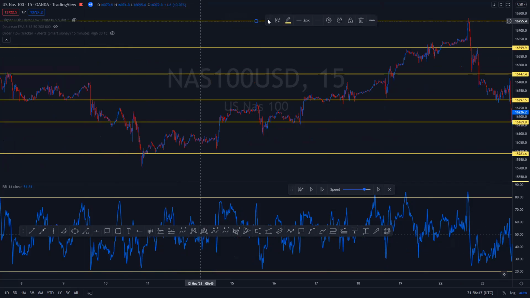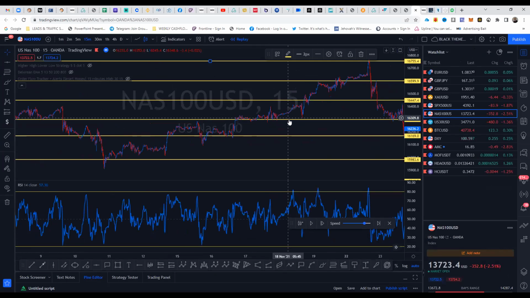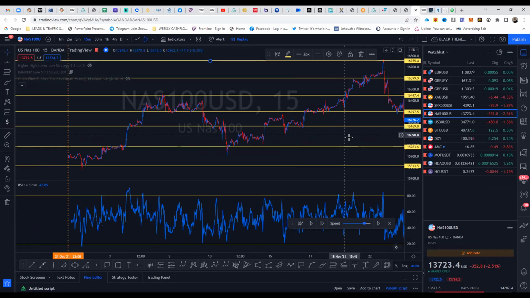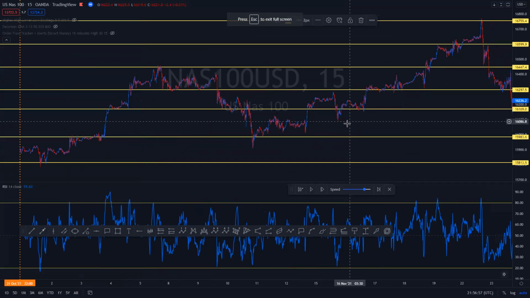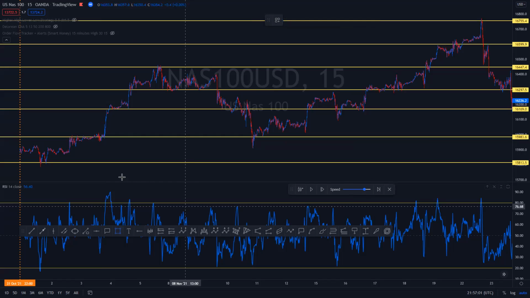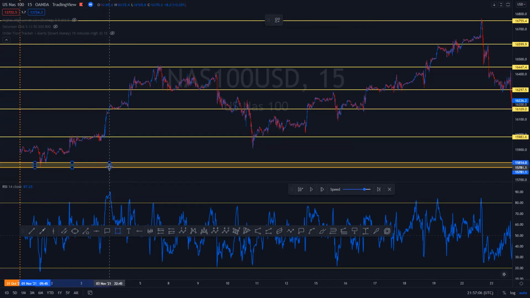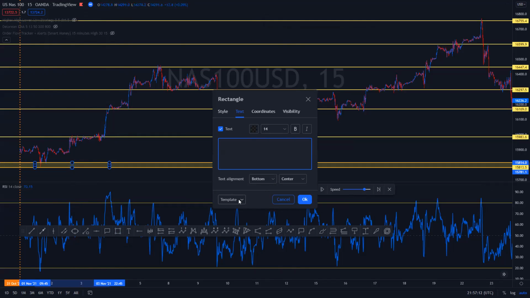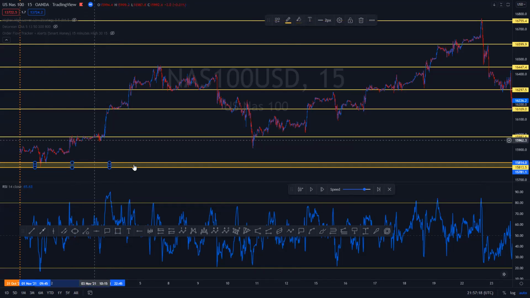Now we're going to go ahead, because we marked up the 15-minute. So then we're going to draw our zones. This is going to be based on the 15-minute. I like to make the 15-minute yellow.